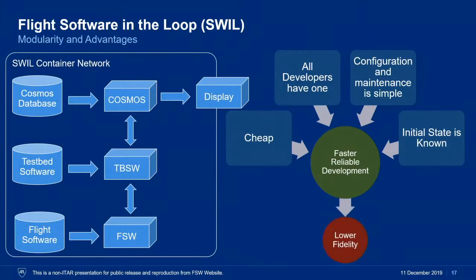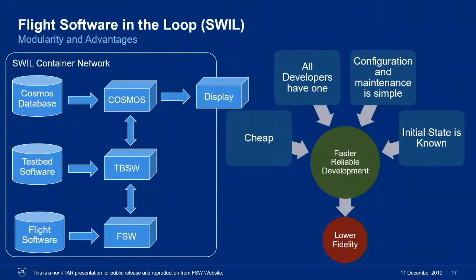What we're trying to do is keep at least some level of confidence in our testing. Of course, Swirl does provide some level of confidence for just normal things that you would test in flight software development, very rudimentary things. But if you want to test on a higher fidelity model, you need something in between a testbed and flight software.